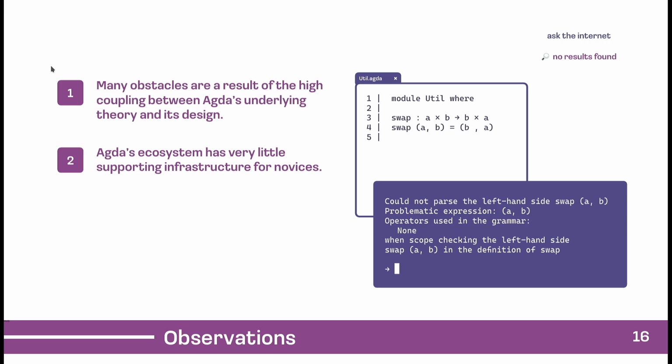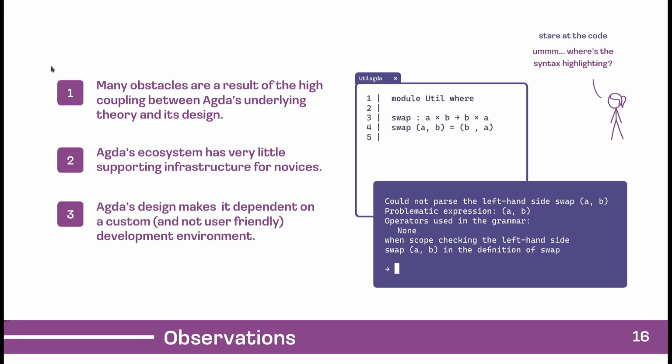Second of all, Agda's ecosystem has very little supporting infrastructure for novices. We saw this with the internet, with asking about the error message, with asking in general for help. There's just not a lot of simple help. And lastly, Agda's design choices make it very dependent on a custom and unfortunately not so user-friendly development environment.